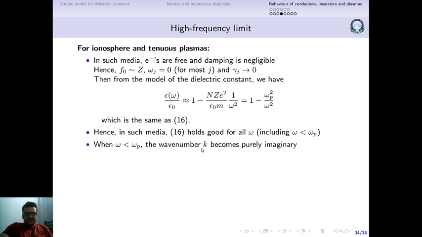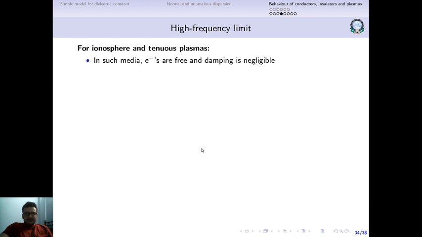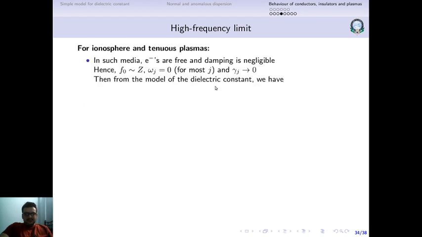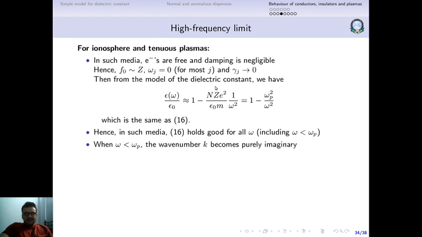Because this equation is the same in all the cases, in the case of tenuous plasma and the ionosphere, if omega is less than omega p, the wave number becomes purely imaginary. If the wave number becomes purely imaginary, that corresponds to the electromagnetic wave being reflected off. So the incident waves will get reflected.